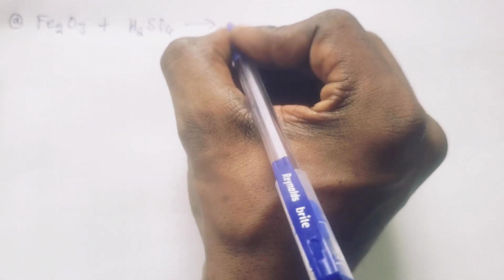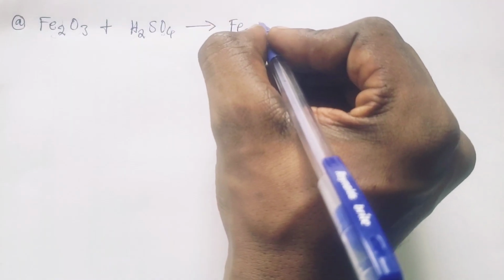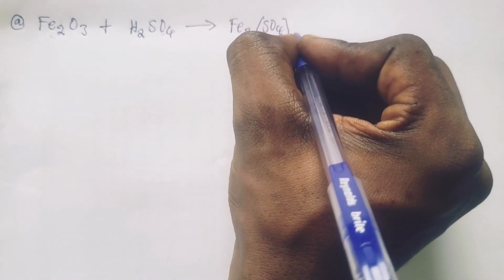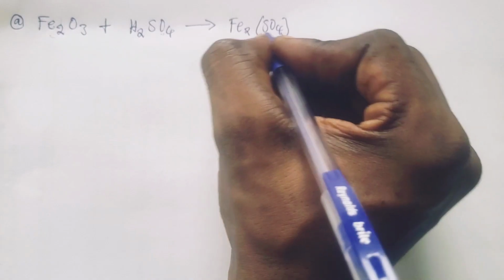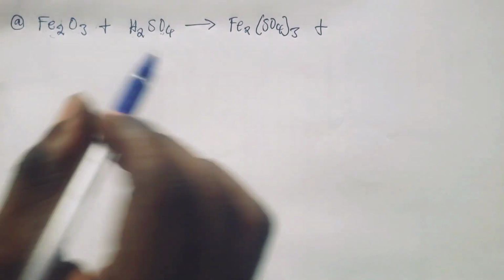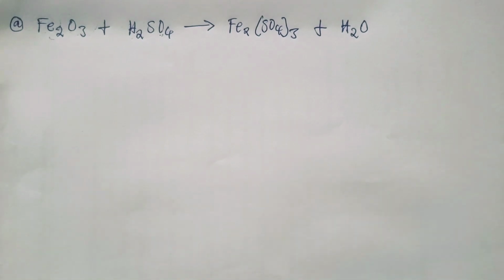So sulfate, it's going to be like this. Plus the other product: this hydrogen will go with this oxygen, and it's going to form water, H2O. This is the equation, but it's not balanced.